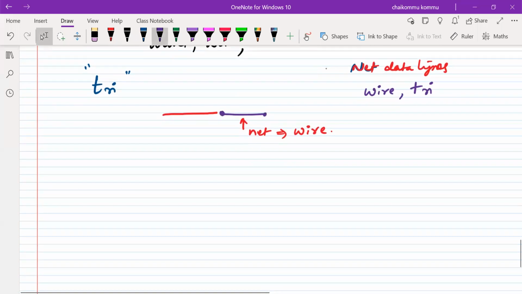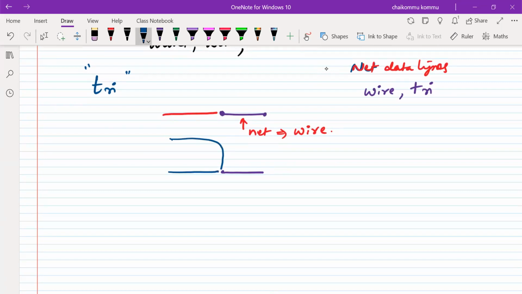If this line is connected by n number of lines, something like this, then this particular net must be of tri type only.